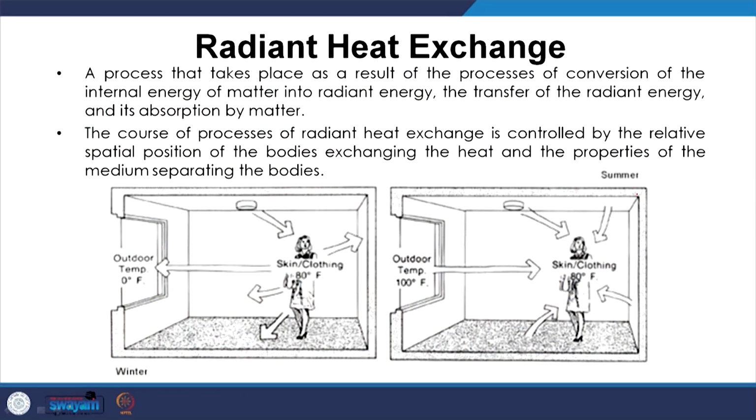Now, evaporation is added here because it is very important for designing buildings and understanding the physics behind the performance of buildings. So, we have radiant heat exchange where the surfaces of the building absorb the heat during winters, and then they transmit the heat inside and they re-radiate the heat to the outside as well.